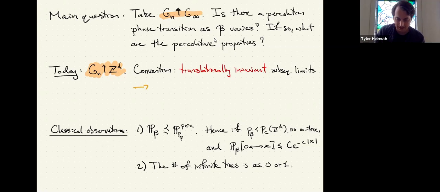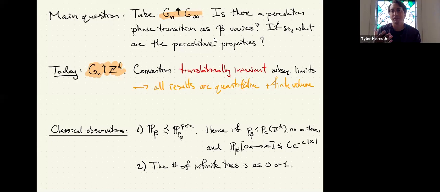And if this distresses you, let me say in advance, all results are going to be quantitative and finite volume, meaning that every infinite volume limit is going to inherit the properties that I prove.